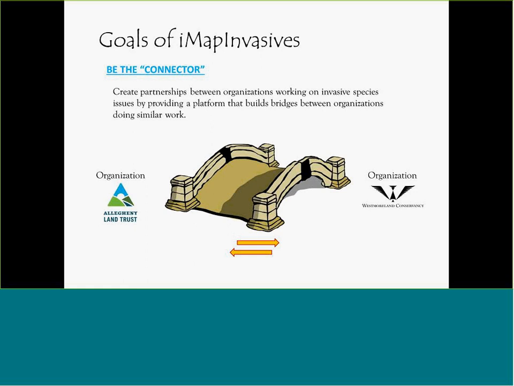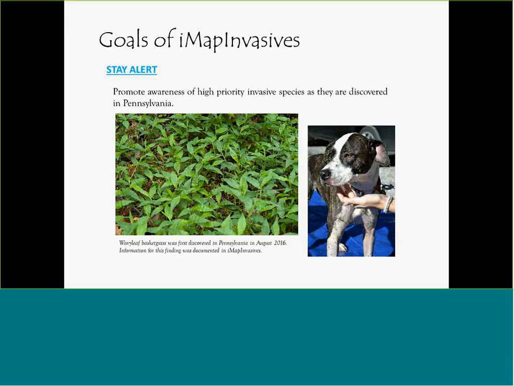Maybe we can work together on a current project or a future project because we have similar risks and similar management goals. Another way that iMap can be used is as a connecting tool, so that you can build a bridge between you and another organization that might be doing similar efforts or working in a similar area.